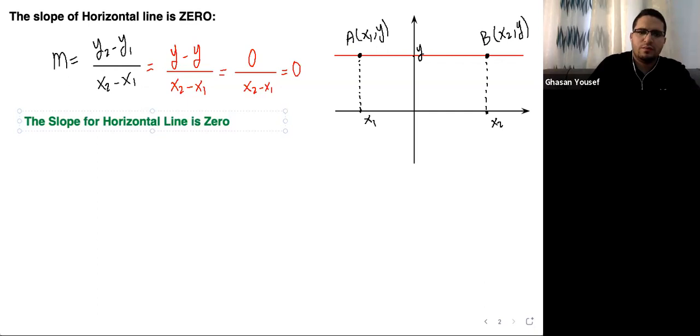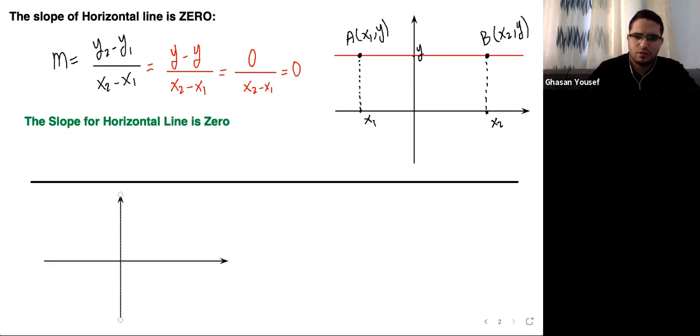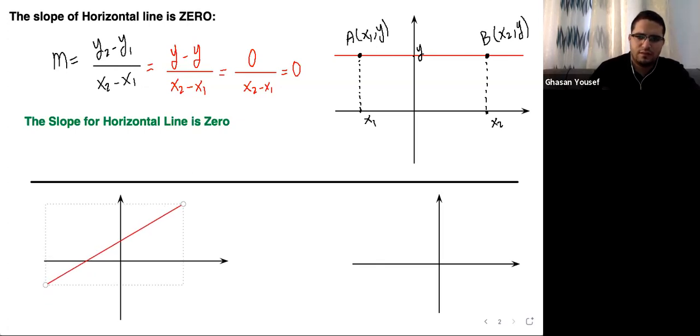Now, we have to also know if the line looks like this. If I have my Cartesian plane something like this, and also if I have my Cartesian plane something like this. The first one, the line is like that, and the second one, the line is like that.